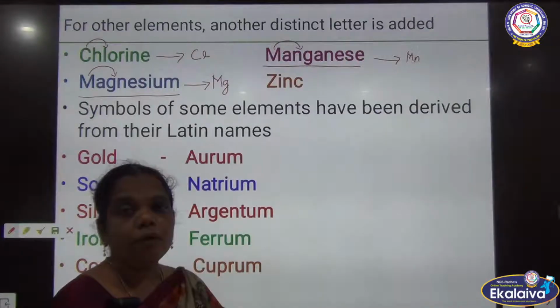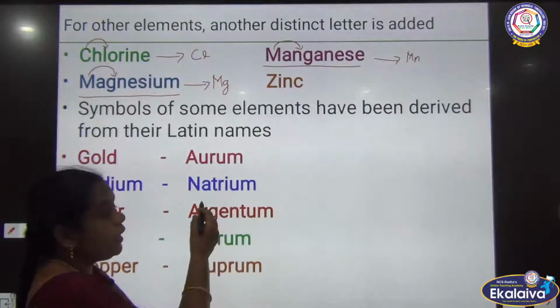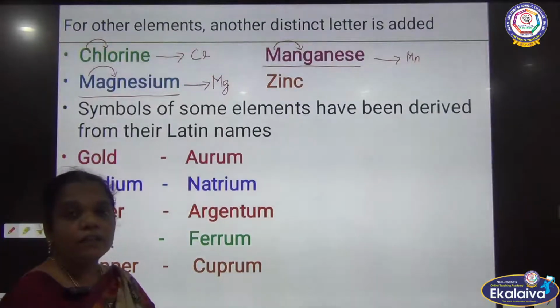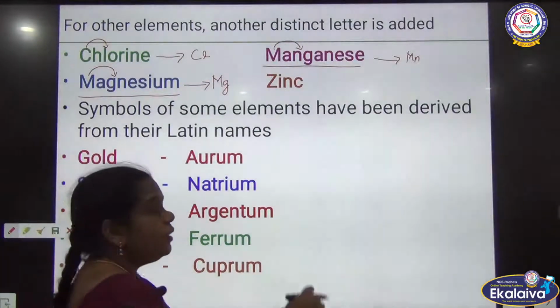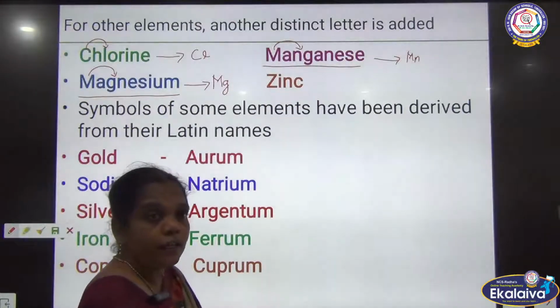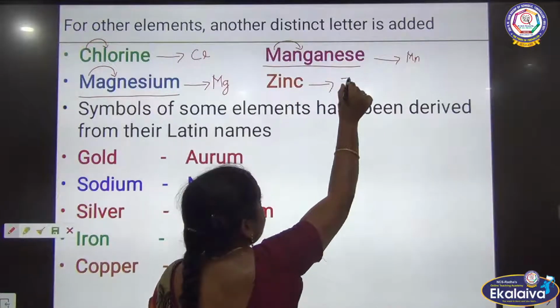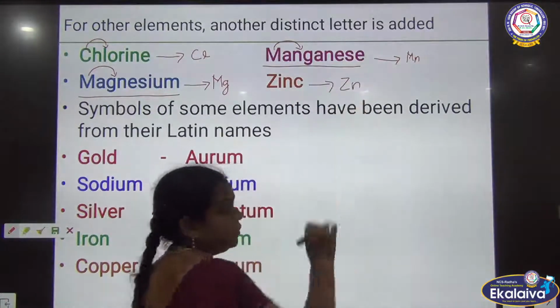What is the symbol for manganese? Mn. Can you assign the symbol for zinc now, children? What is zinc? Zinc. Yes, the symbol for zinc is Zn.